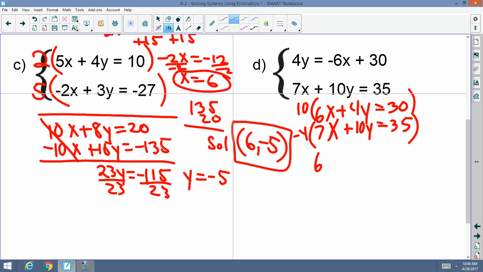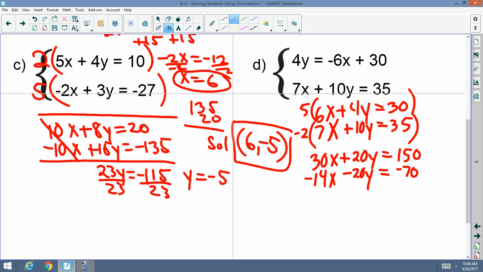I would have done that way easier, but I'm just doing what I'm told. Yes, there's a much easier way. You could have used 20 as the common value, right? So you multiply the top by 5 and the bottom by negative 2. So then this will be 30x plus 20y equals 150, minus 14x minus 20y equals negative 70.